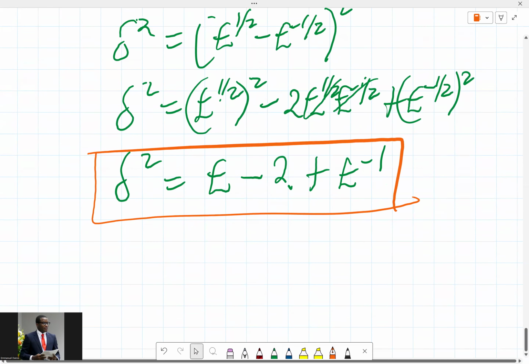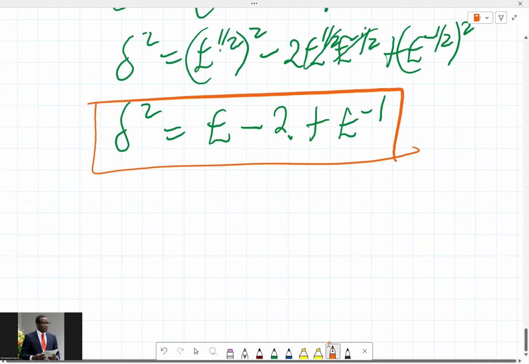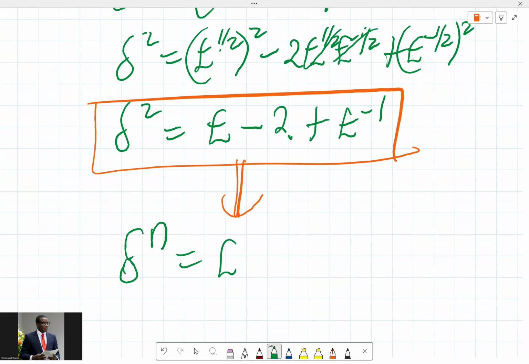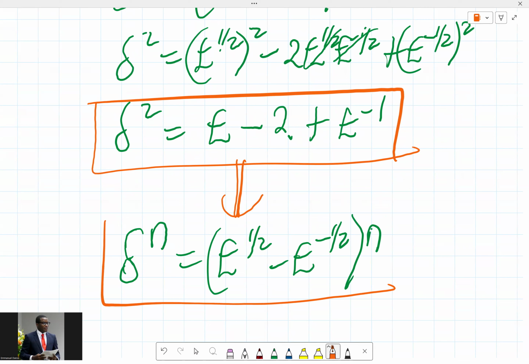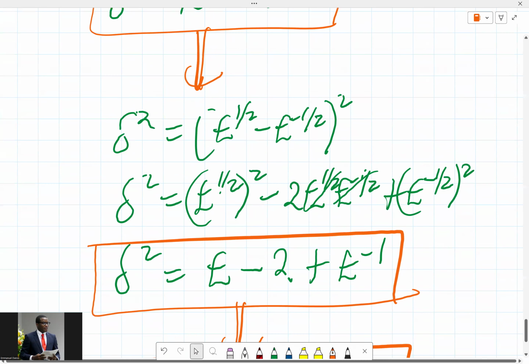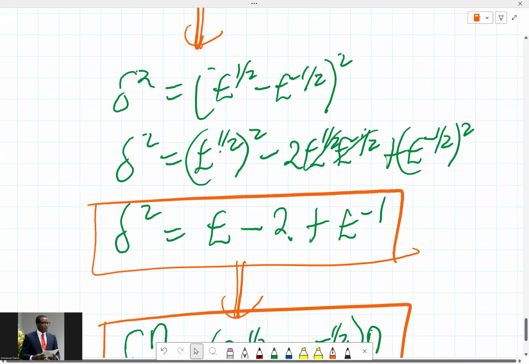All we are saying is that delta to the power n is equal to (E raised to power half minus E raised to power minus half), all raised to power n. So that's another connection right there.